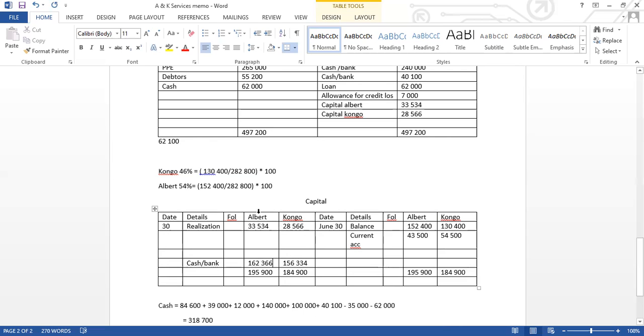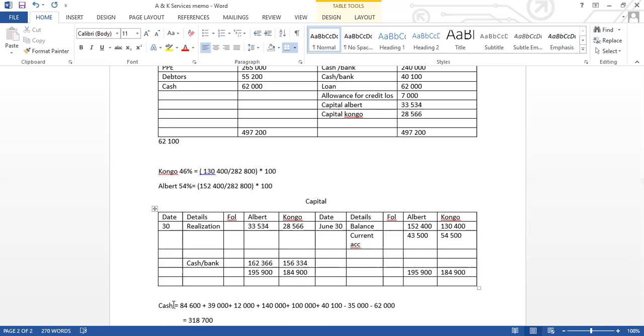Quickly add these two amounts, 162,366 plus 156,334. How much will you get? You get 318,700, which is the same as the total amount that you have left in your bank account. Then you know that your recordings are correct.